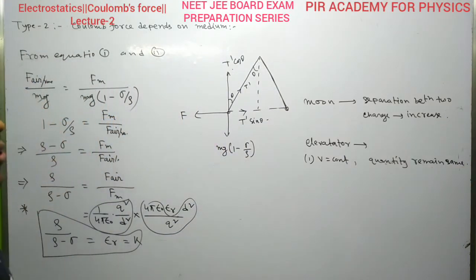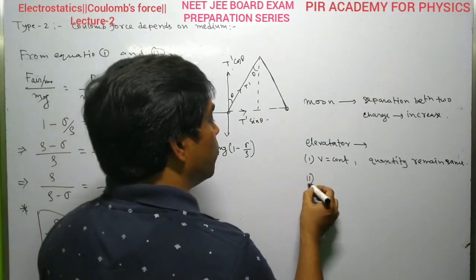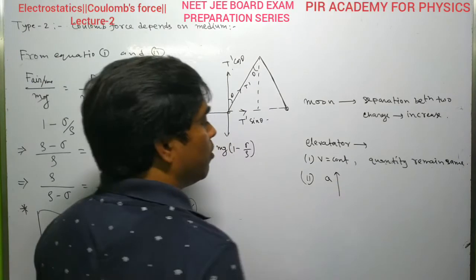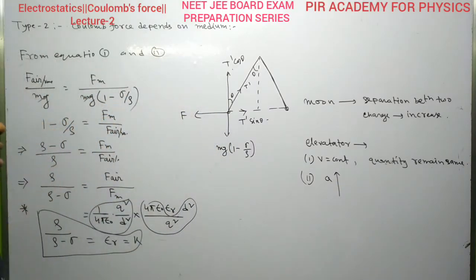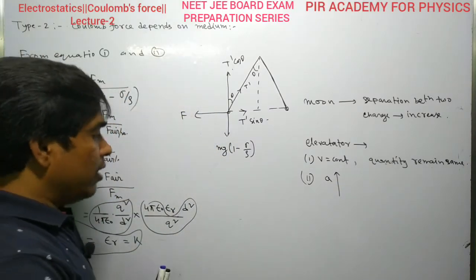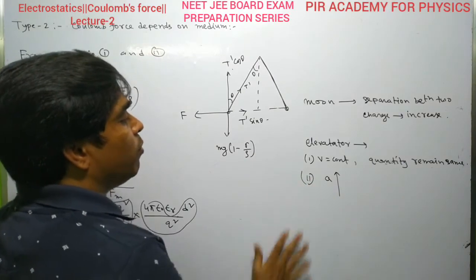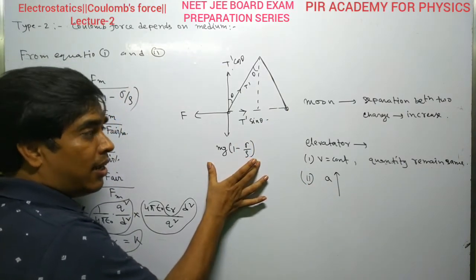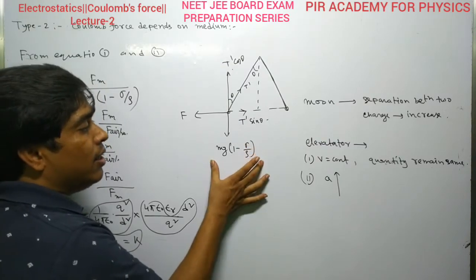Number two, if the elevator is moving upward with acceleration a, the apparent weight will be greater, that means it increases.